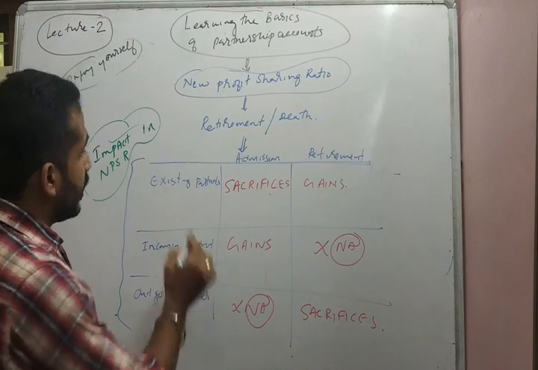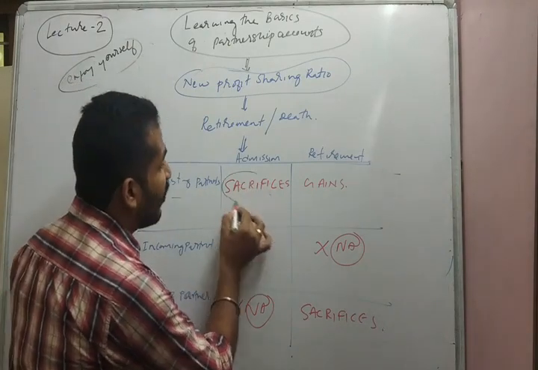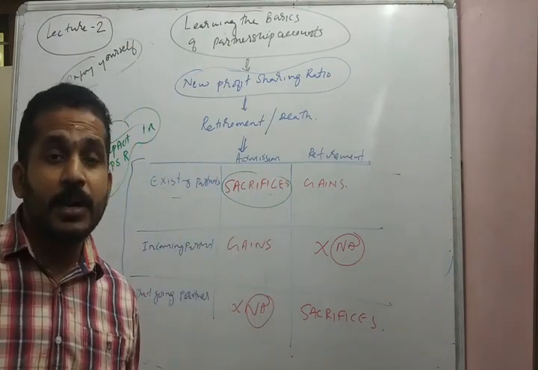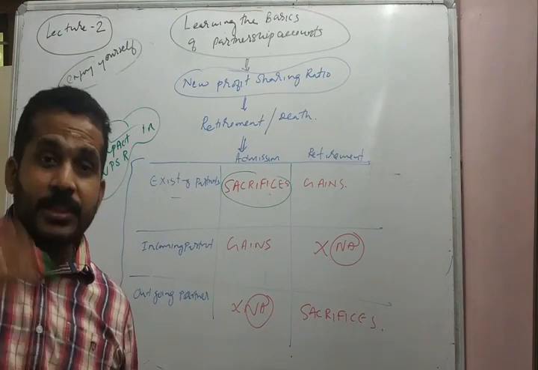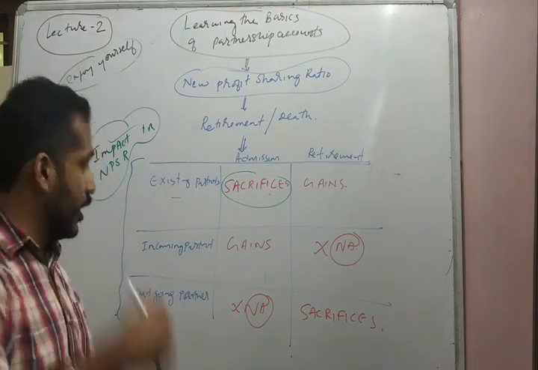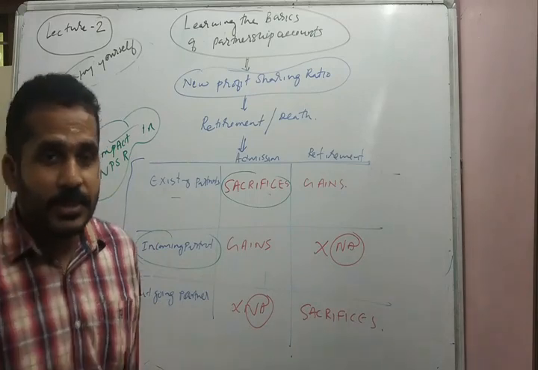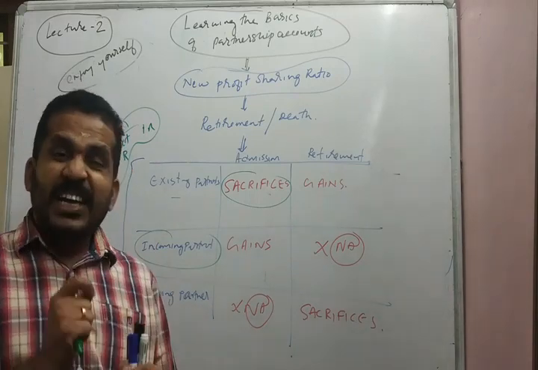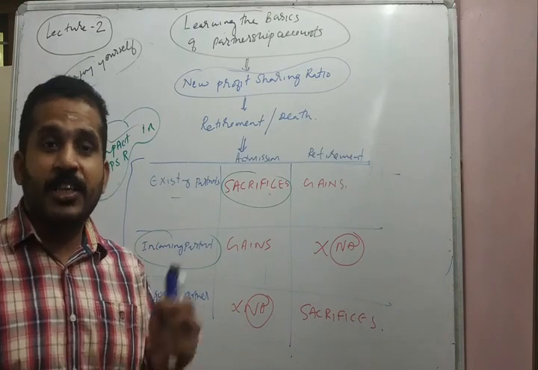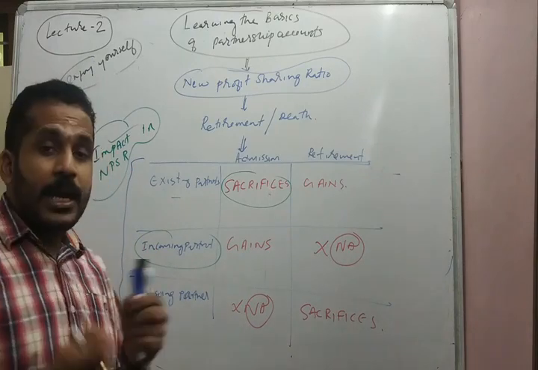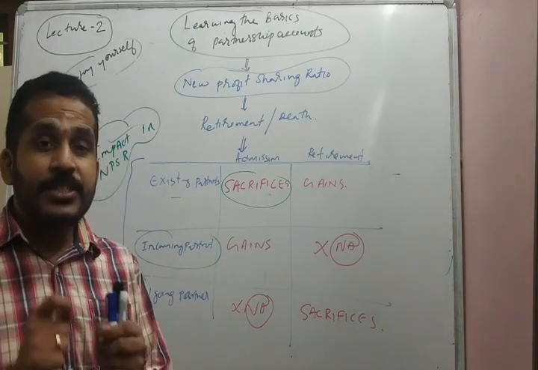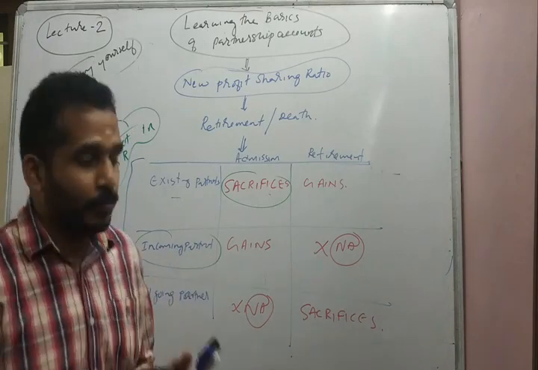In admission, the existing partner sacrifices his share in the future profit because a new partner, an incoming partner, is coming into the business. So the existing partners are sacrificing their share in the future profits, and the incoming partner is in an advantageous position. He is gaining something.